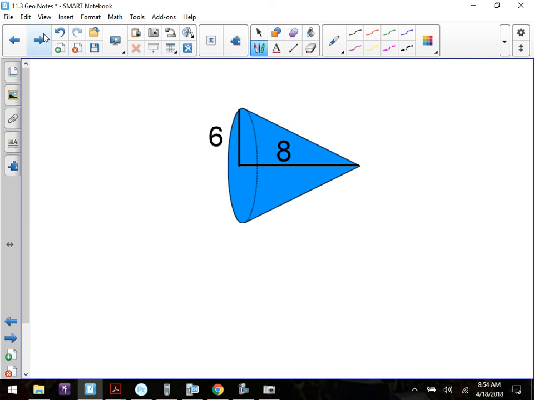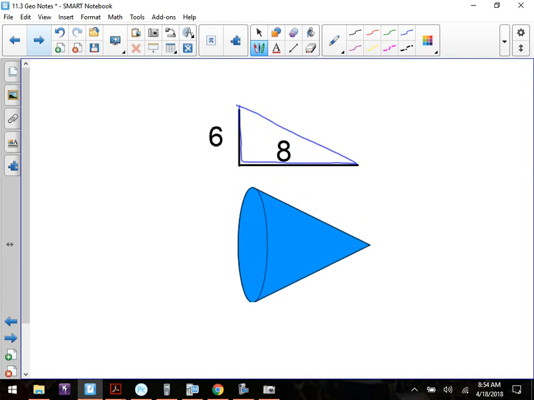Remember, if you think about it, the cone still has a triangle built into it. The cone can still take the triangle. I make cones at the ice cream shop.